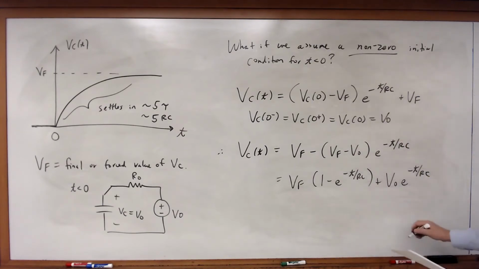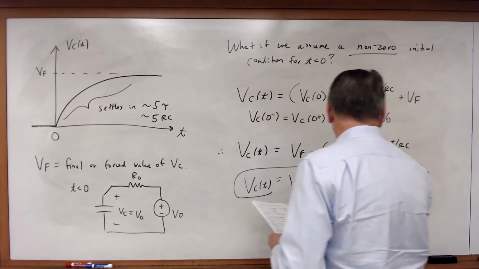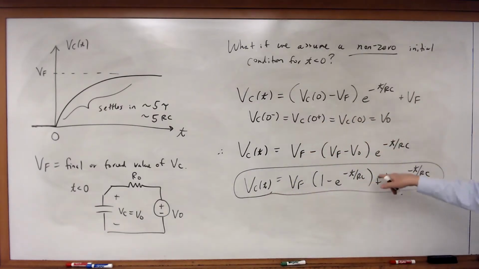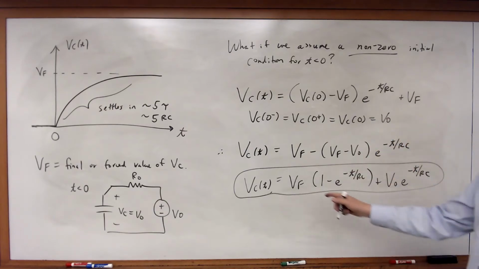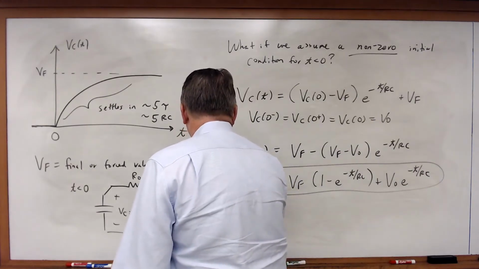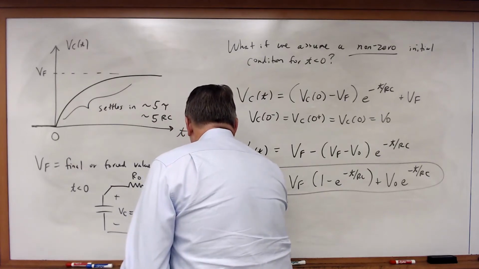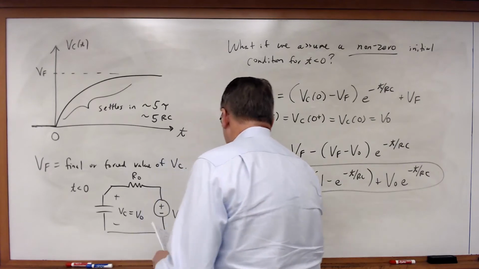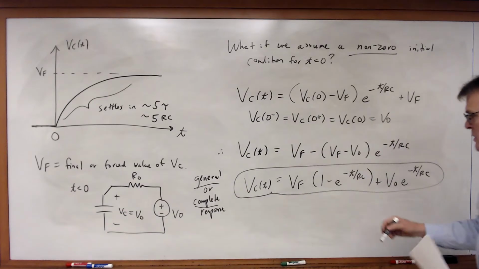And now I get a really interesting result. Let's look at this equation. This is the general response of the voltage across the capacitor. Or you'll see it called the complete response. Notice what I have here.